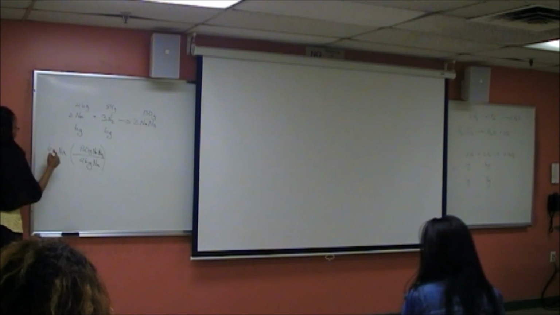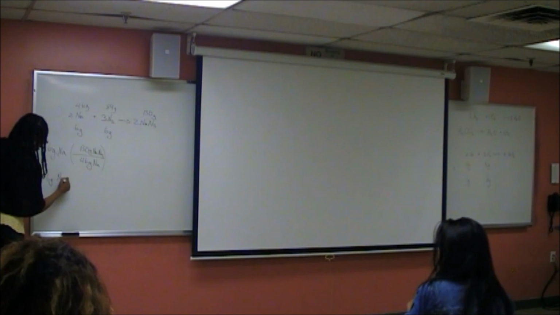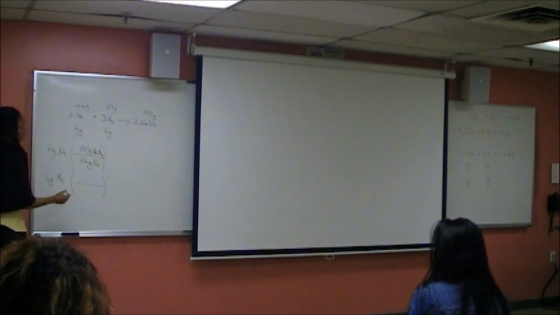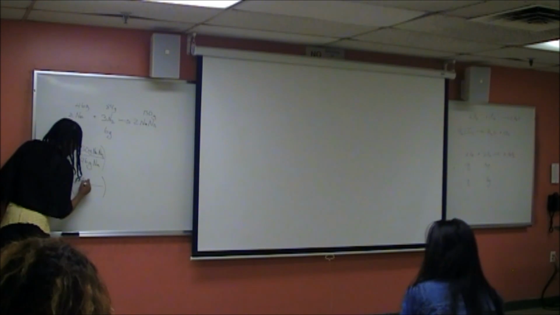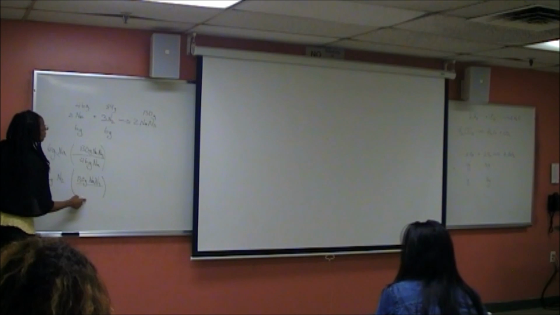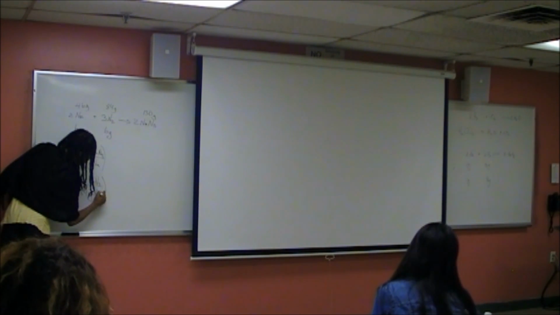Let's set up the next one. We have 6 grams of nitrogen gas. What goes in here? 84 grams of nitrogen gas up top, 130 grams of sodium azide over on the bottom.